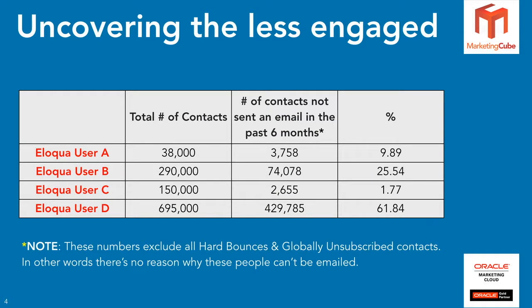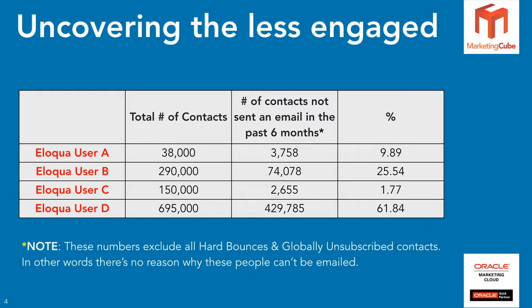What you're able to see here is 4 different Eloqua customers, each with a range of contacts, varying significantly, as you can see there. And then what we've done is we applied a segment that excluded all hard bounces and any globally unsubscribed contacts, which, as I said in the footnote, there's no reason why these people can't be emailed, generally speaking, but who have not been sent any email in the past 6 months.